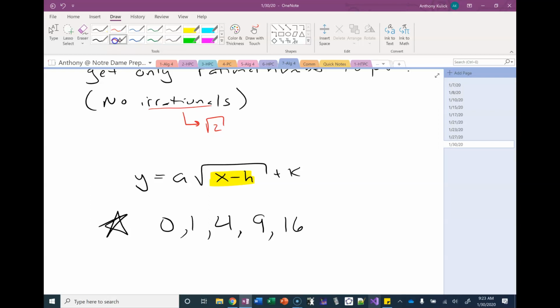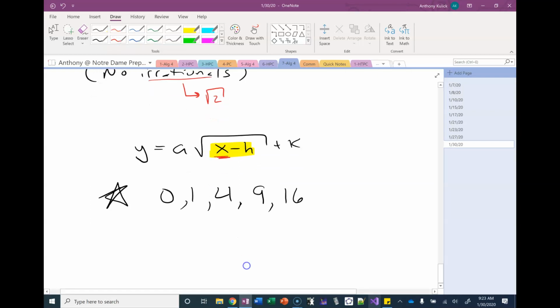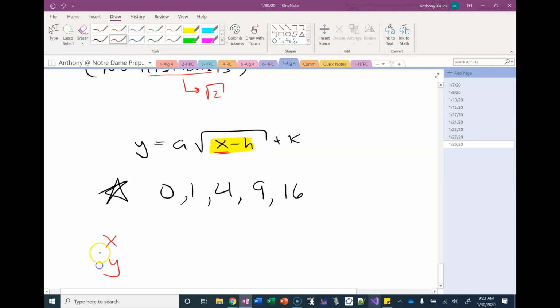Let's start with the x. What should I pick x to be for x minus h to give me 0? h is whatever h is.